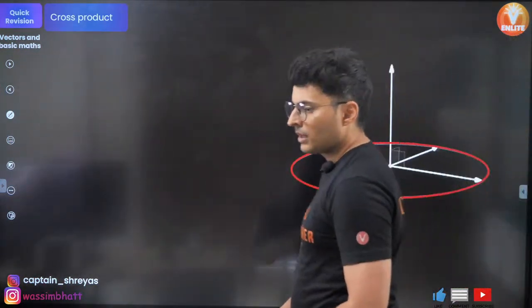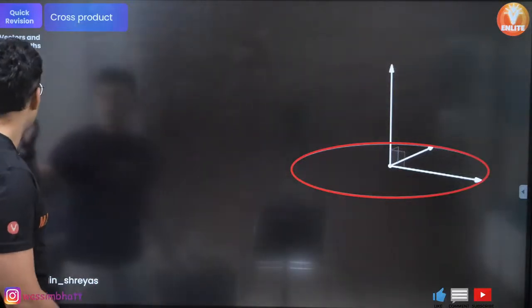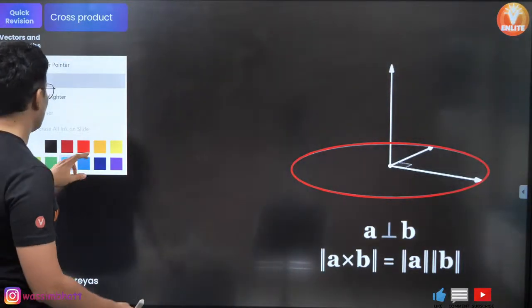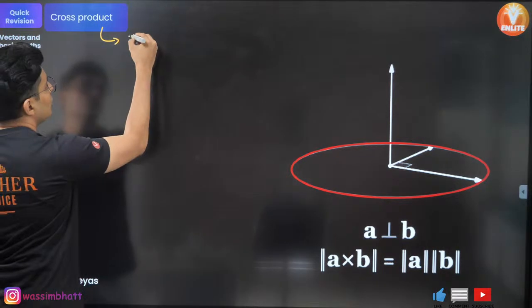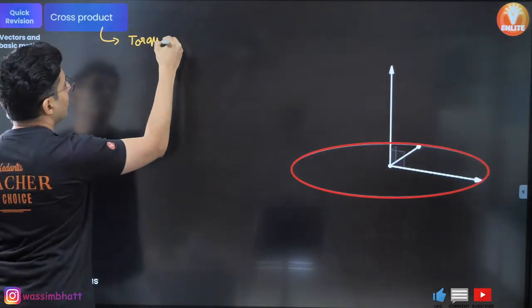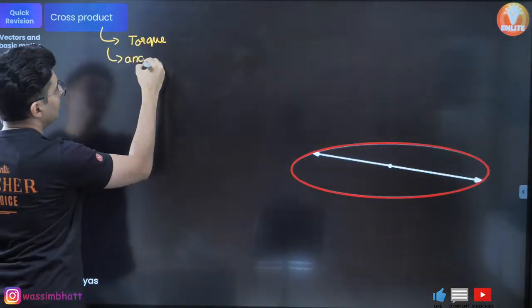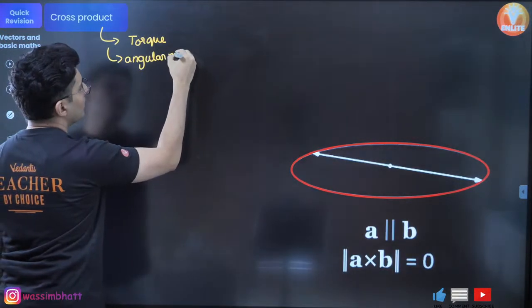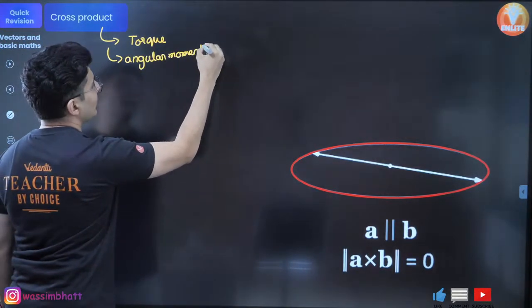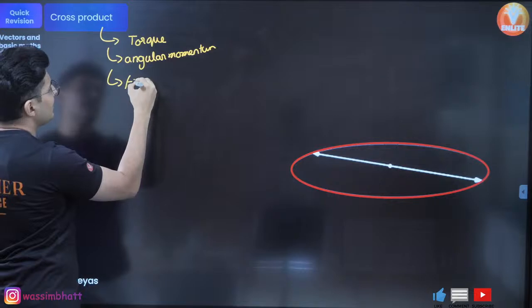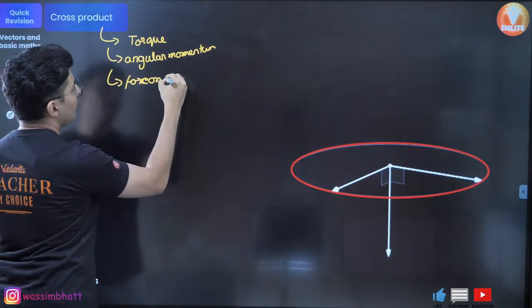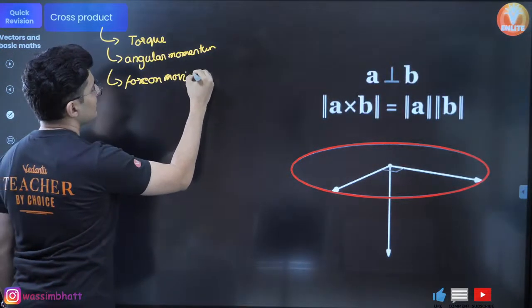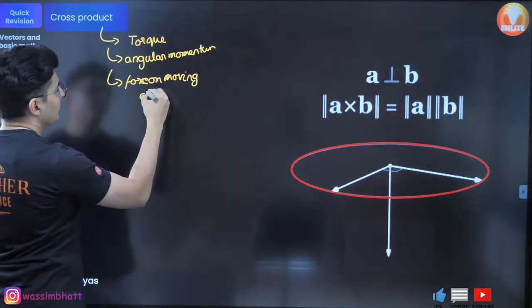Cross product. Yep. So whenever you see cross product, you will always associate it with things like torque, angular momentum. You will also notice force on a moving charge later on, in 12th standard.